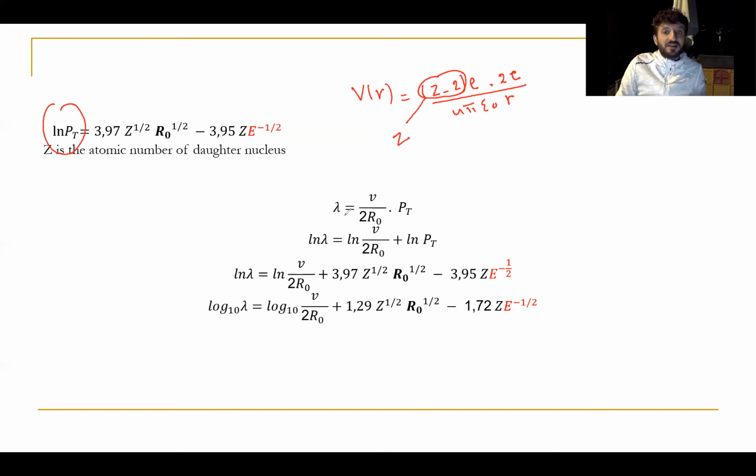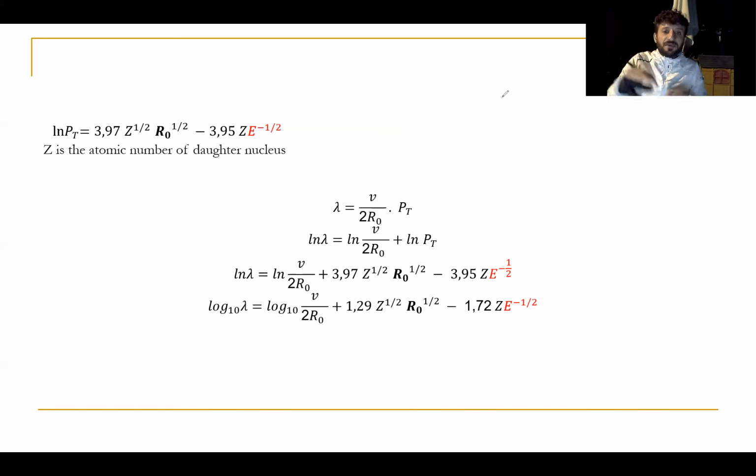Lambda equals the velocity divided by 2 R0 times PT. To calculate ln lambda, we put ln lambda equals ln of the first term plus ln PT. Simply we put ln PT by its value here. We get ln lambda equals ln of V divided by 2 R0 plus the value of ln PT.